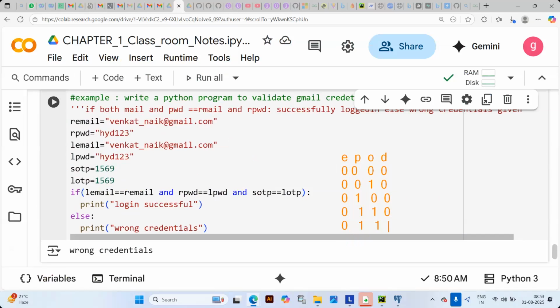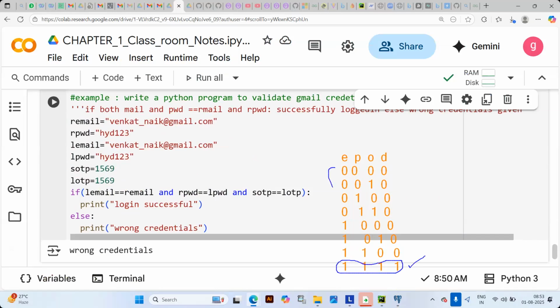See, the condition is: if any one of the conditions becomes false, then obviously the result is false. 1, 1, 1 is the only case where the AND operator will produce the right decision.